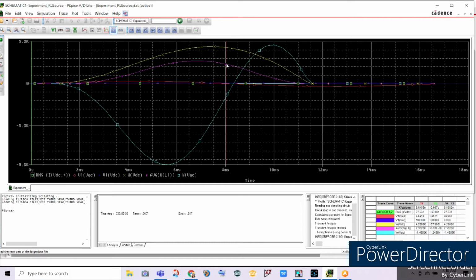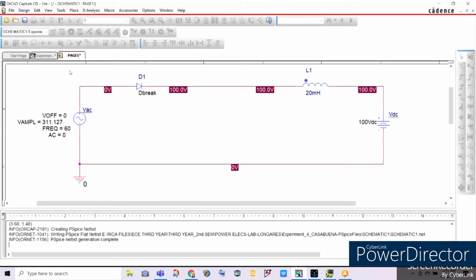Technically speaking, since we considered the average power value of our inductor, there will be a minimal loss in the system, since we didn't use an ideal diode and an ideal inductor as our components. But the logic is the same: once we selected an AC voltage source, the voltage supplied will be distributed to the components connected in series with our voltage source, which, as you can see here, the diode is connected in series with our inductor and with our voltage source.